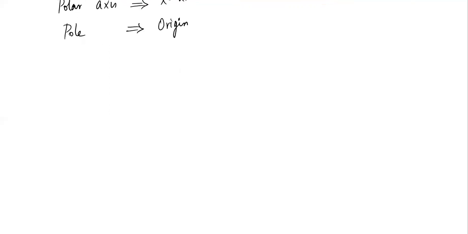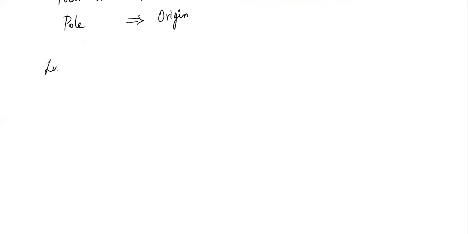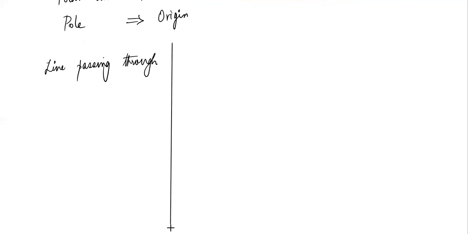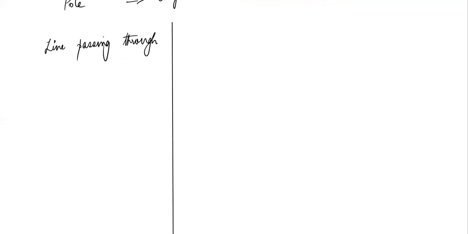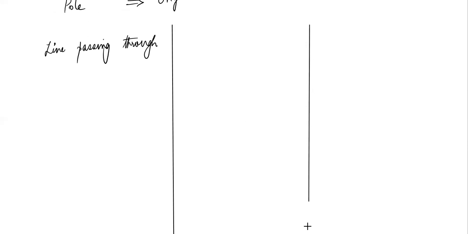Okay? So now, if we had a line passing through the pole, I want to create 2 columns, or maybe 3 columns, that way I can space it out. Okay.